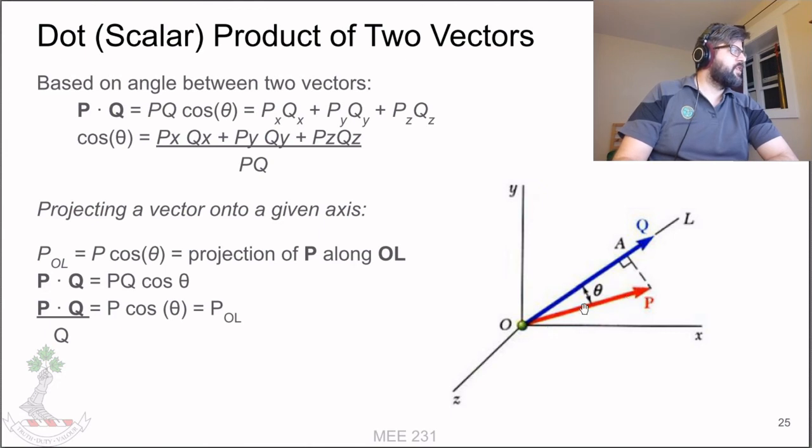The projection of this vector P onto this line that is from O to L, the magnitude of that can be found using a dot product. So basically it'll be based upon the angle between the two vectors in question.